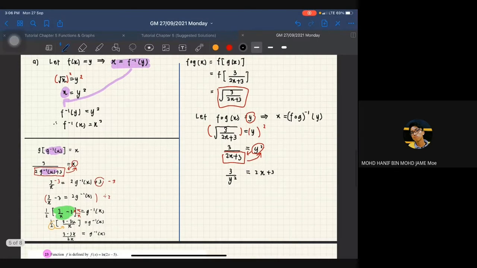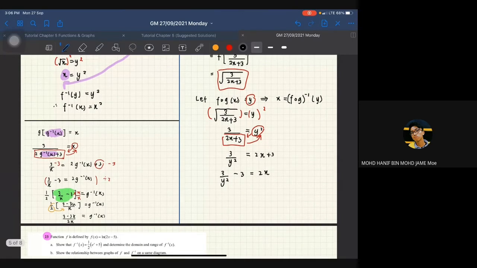Macam tu. Okay, so sikit lagi. So hilangkan 3 kat belakang tu, kita minus 3 to both sides. So you are going to have 3 over y square minus 3 equal to 2x. Okay, settle. Alright, and then lastly, we divide everything with 2 because we want to eliminate the 2 in front of x.